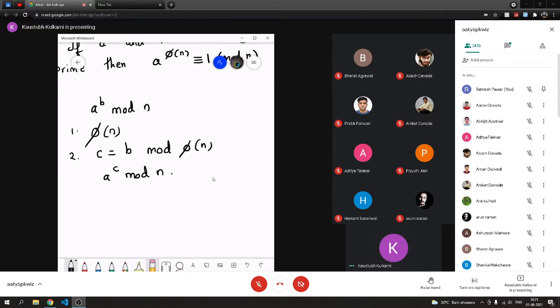Let's say the question is: find the last digit of 7 raised to 2021. Finding the last digit is like finding the mod with modulus 10. So we are calculating 7 raised to 2021 mod 10.